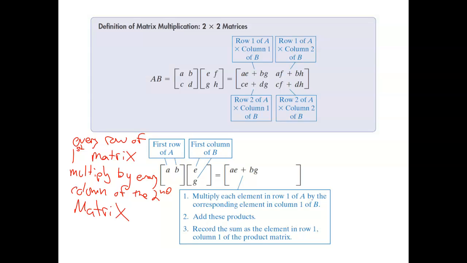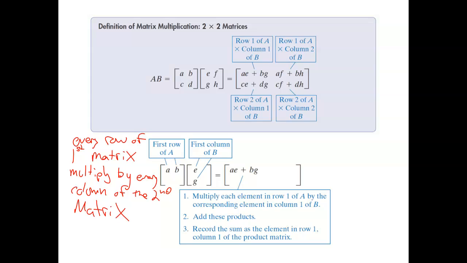Then we multiply the corresponding elements. The first element of the first row gets multiplied by the first element of the first column, and then the second element by the second element, and the third by the third, and the fourth by the fourth, depending on how many rows and columns we have. So this gives a formal breakdown.